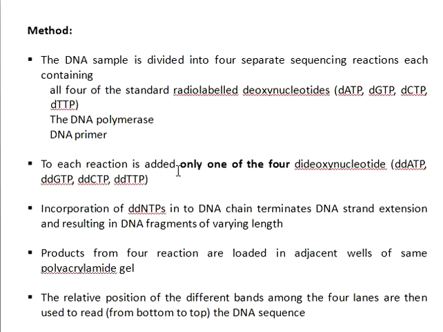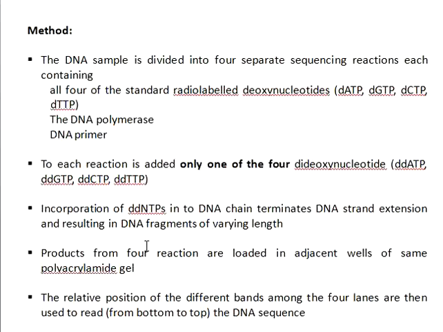Once we have added the dideoxynucleotides, during DNA synthesis, whenever a dideoxynucleotide triphosphate gets added into the DNA chain, it causes termination of DNA synthesis. Because of that, we get DNA fragments of varying length, which are terminated at the point where the dideoxynucleotide was added within the DNA chain.